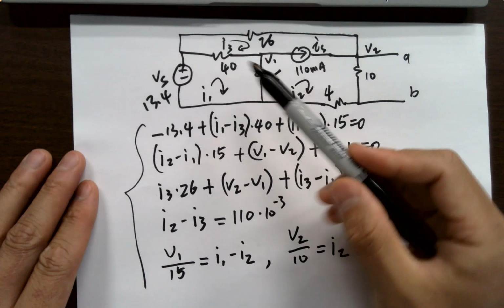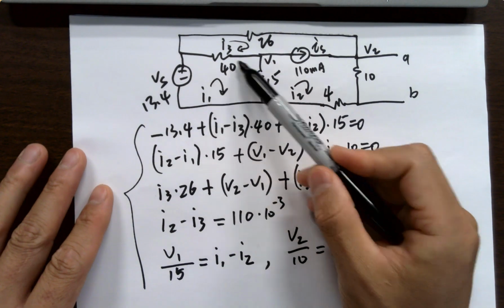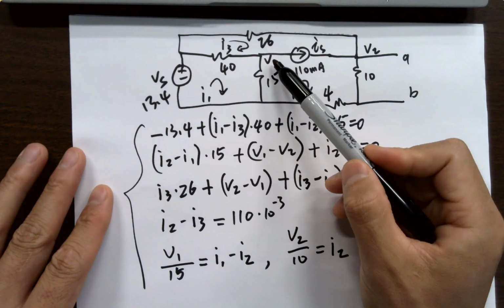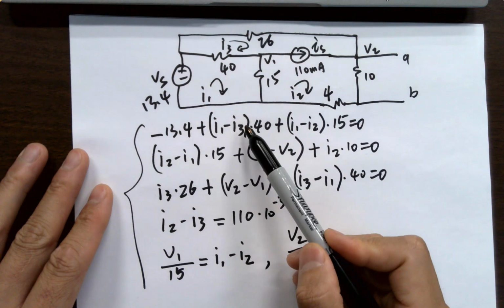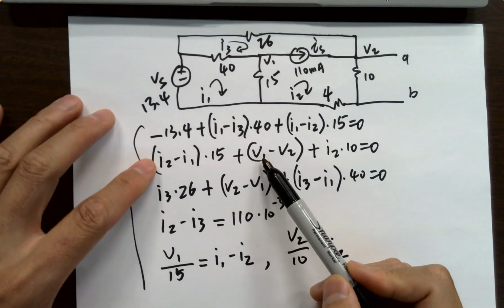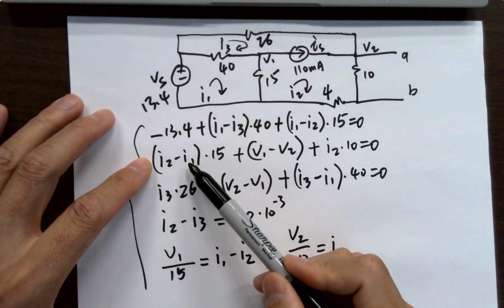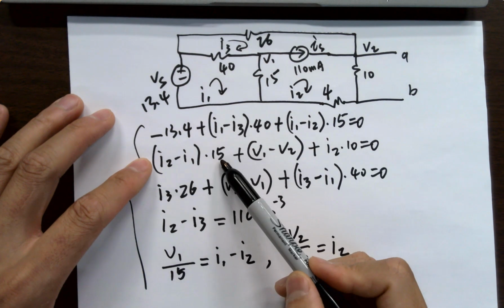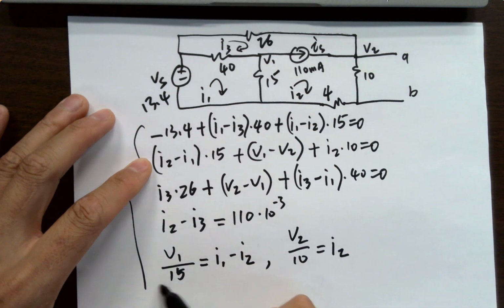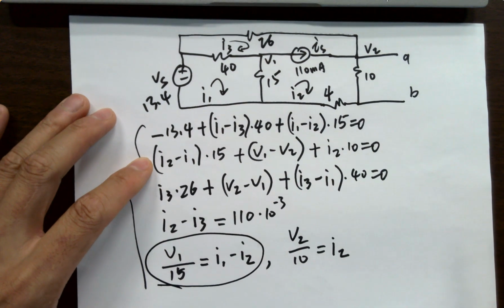When we try to address here, we have all the voltages, but we didn't use V1 for the first equation. And for the second equation, we do use V1. I2 minus I1 times 15 becomes V1, so probably this is redundant.